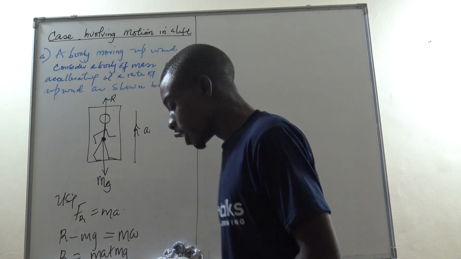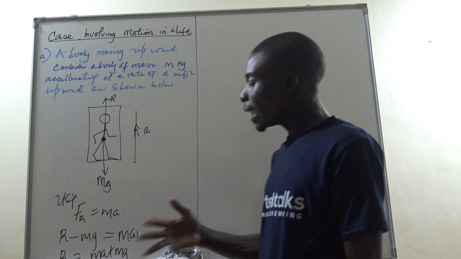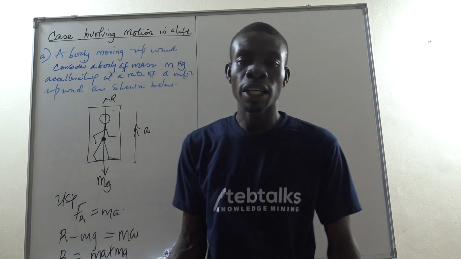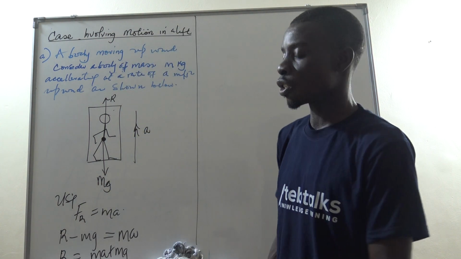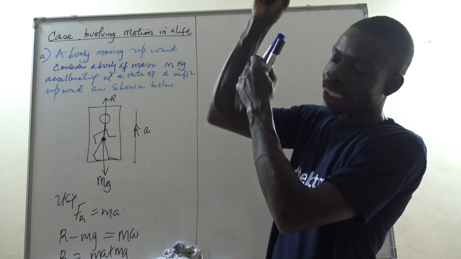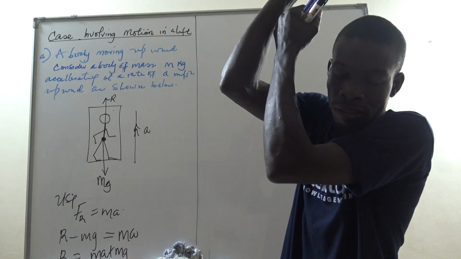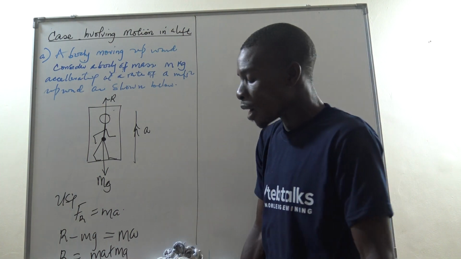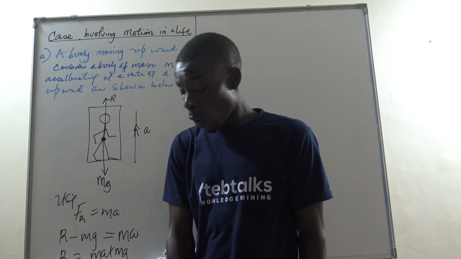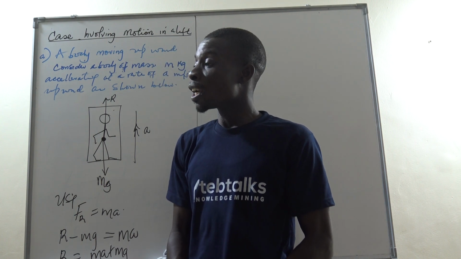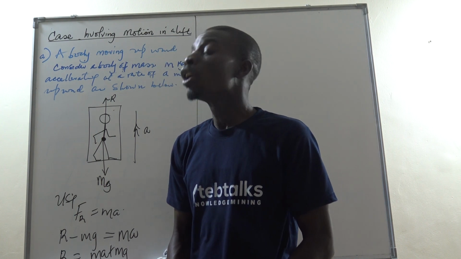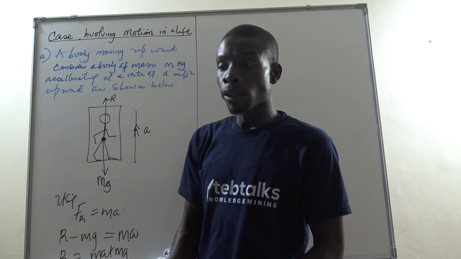So supposing you enter a lift with a weighing scale, you want to weigh yourself. The weight you read on the scale you stand on is equivalent to the normal reaction. So normal reaction is the weight of the body.